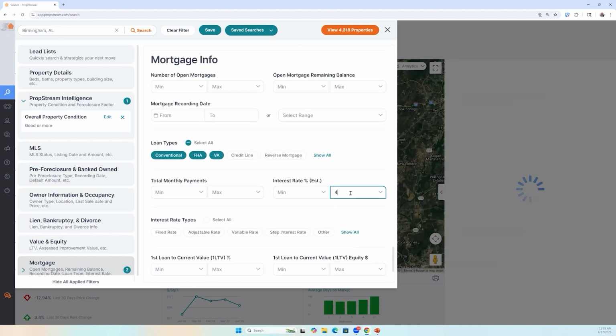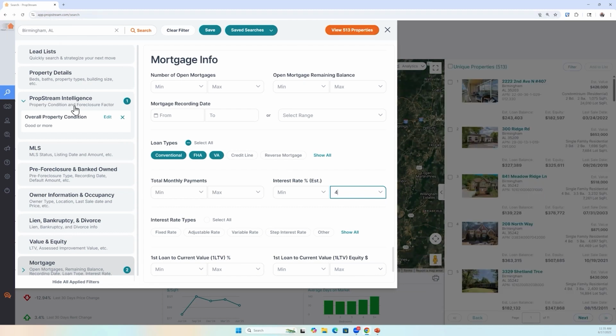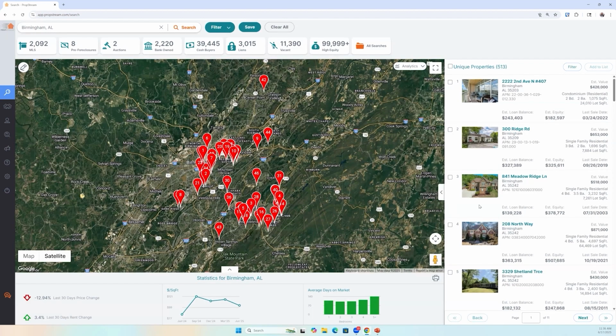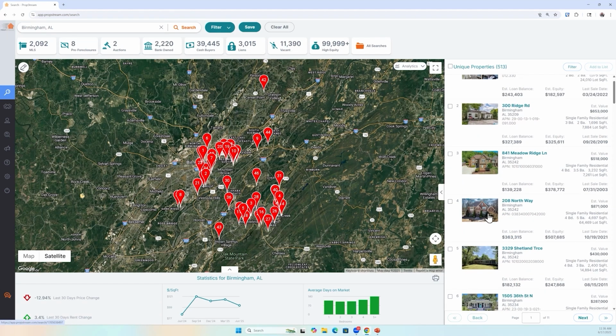You see how this could work now? PropStream Intelligence was introduced in November. It analyzes photos and gives each a grade. You can look for the poor graded condition properties, or in this case, the great looking condition properties with the 4% mortgage, so that you can do subject to without renovations being involved.